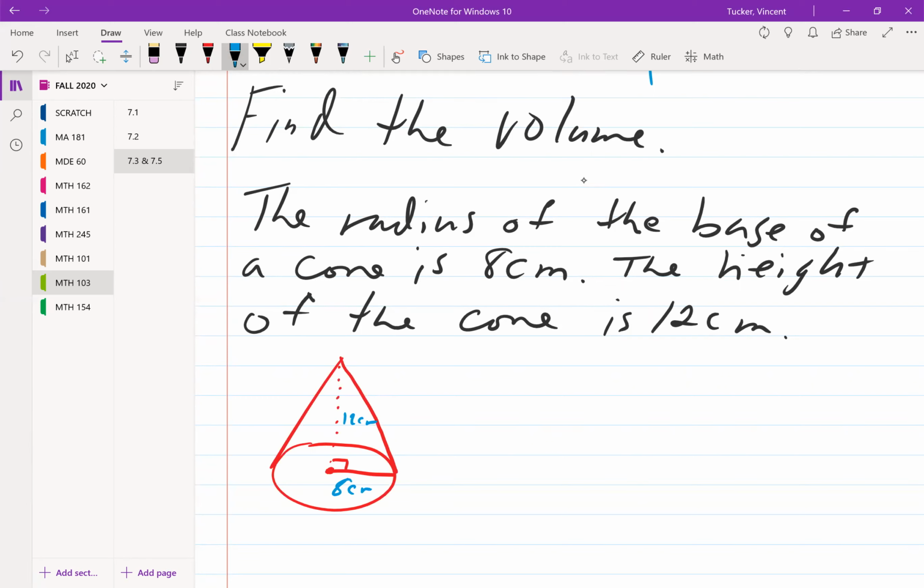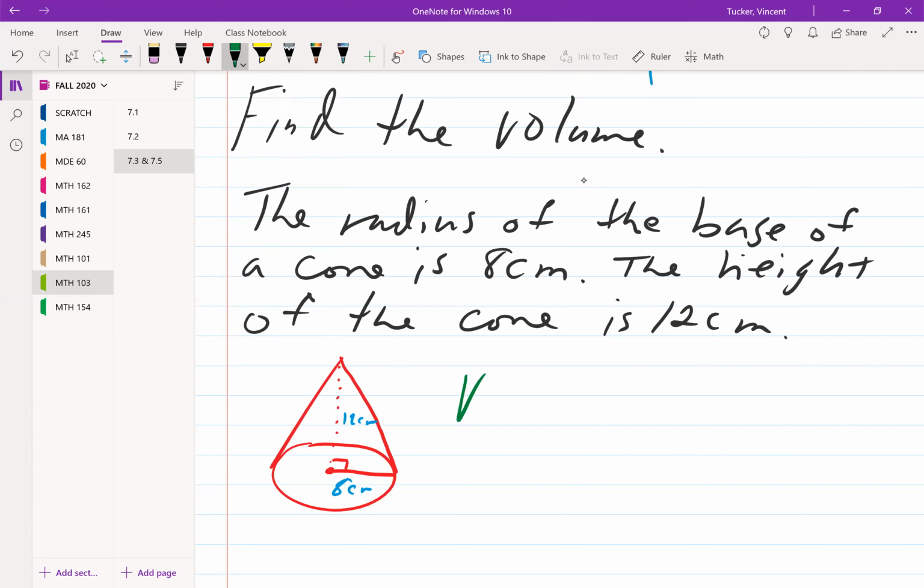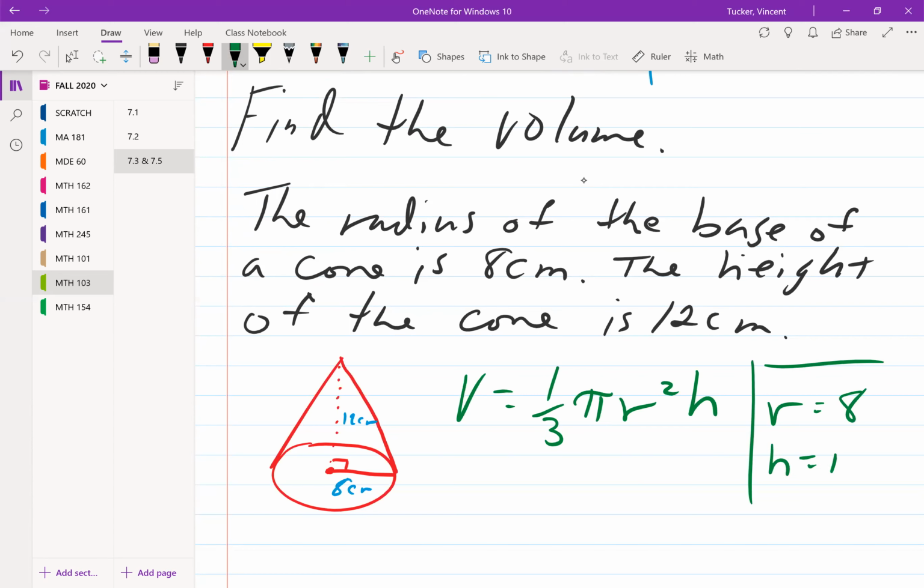So we need the formula for the volume of a cone, and that is 1/3 pi r squared h. Well, we've already mentioned r is 8, h is 12.